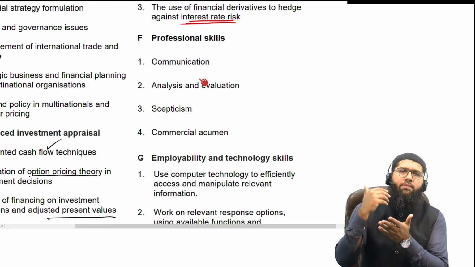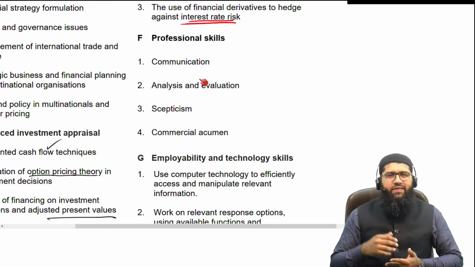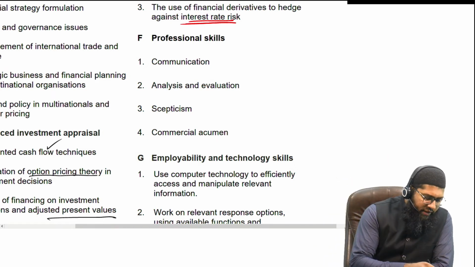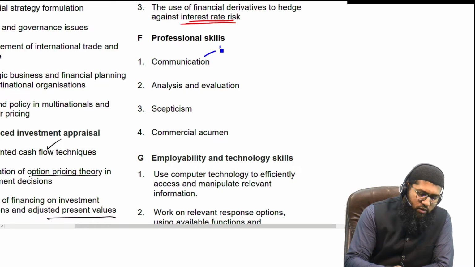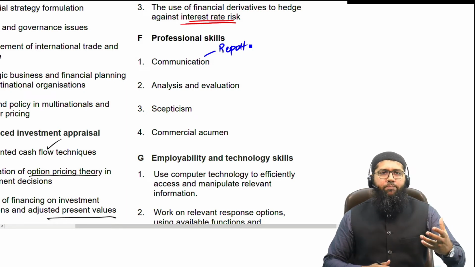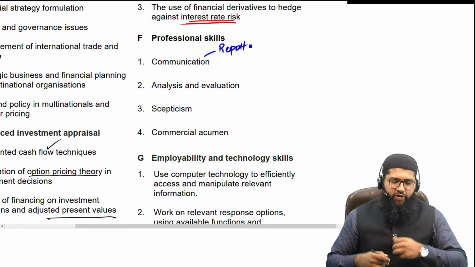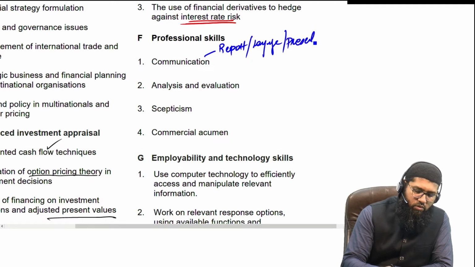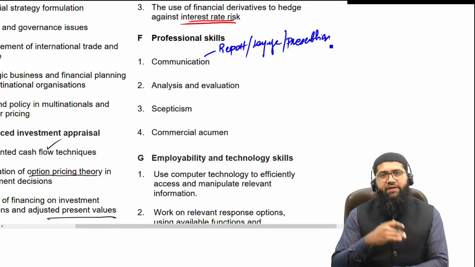First of all, when we talk about communication, it includes a lot of things, including the way you report. If you are being asked to produce a report, the way you're going to produce the report, the language that you're going to use, the presentation that you're going to adopt.